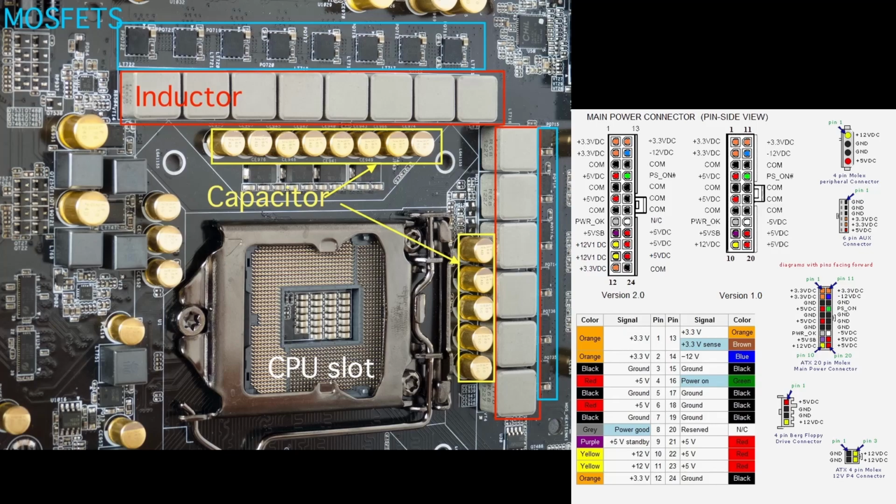You typically have a controller that sends out a signal to each MOSFET, signaling when to activate and when to deactivate. This reduces the stress on each one of those MOSFETs, and it keeps the MOSFETs cool.